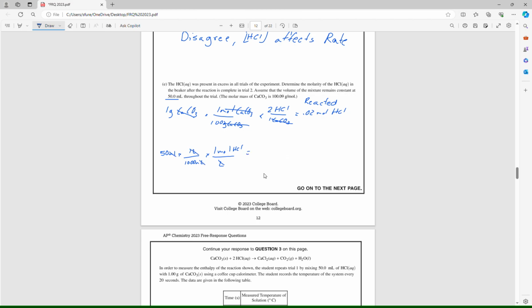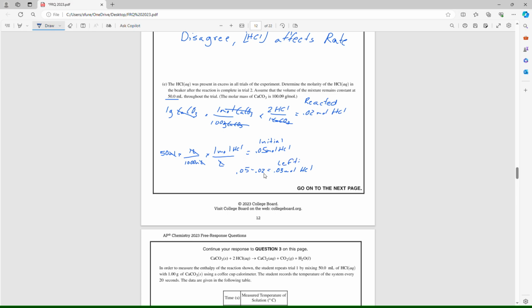This gives us our initial amount of moles. 50 divided by 1,000 is 0.05 times 1 is still 0.05. So this is how much we had initially. We would take the initial minus the amount that reacted, so 0.05 minus 0.02. That equals 0.03 moles HCl, so that's how much is left over.